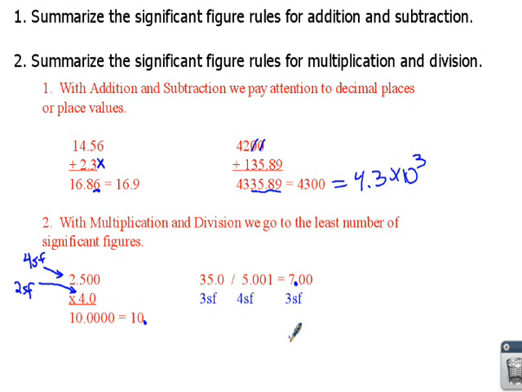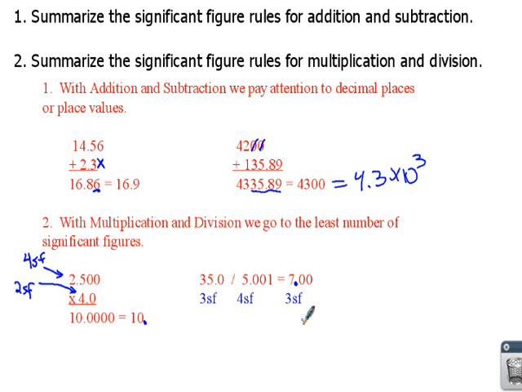And so since 3.50 only has 3 significant figures, we can round our answer to 7.00, which also only has 3 sig figs. We have to get rid of anything that comes after the second 0 so that our answer has the same number of significant figures as the lesser of the values we're either multiplying or dividing. So here we went with 3 because the 3.50 only had 3.